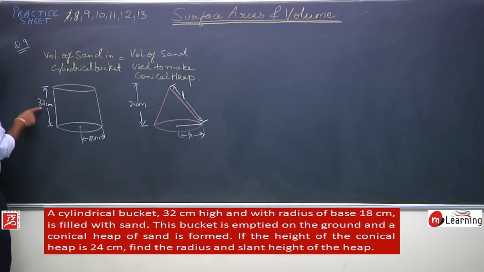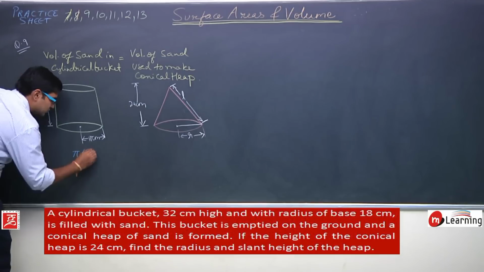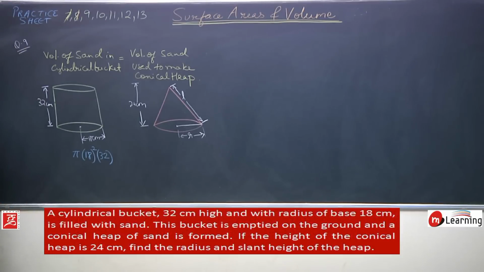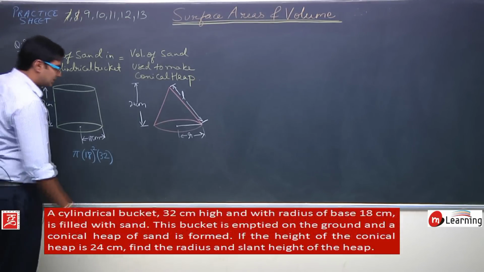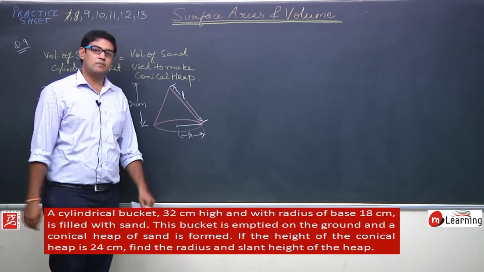R is 18, h is 32. So here I can write pi into 18 square into 32. This is equal to the volume of this conical heap.